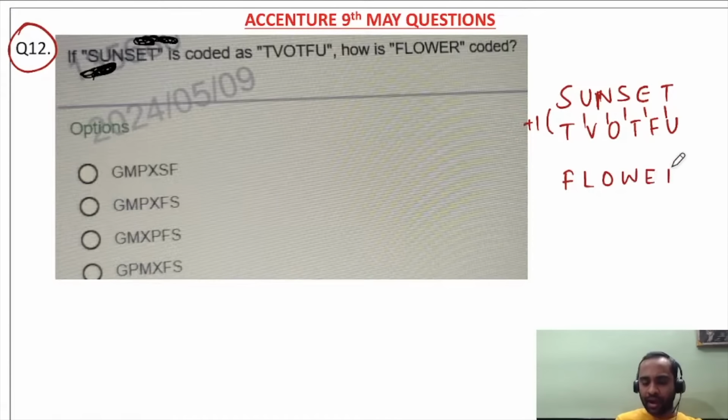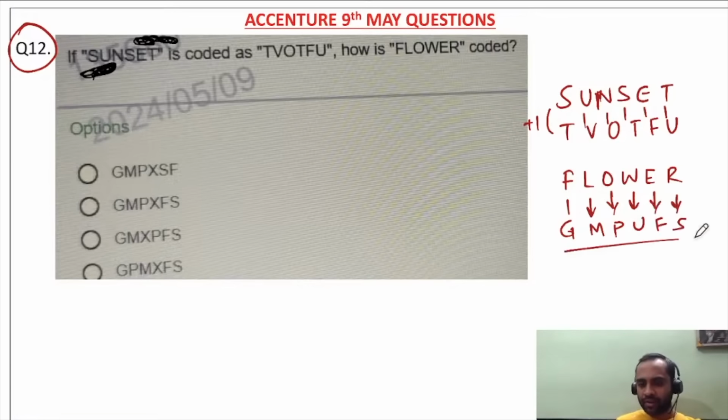Plus 1 means F becomes G, L becomes M, O becomes P, W becomes X, E becomes F, R becomes S. So G M P X F S. So option B will become the correct answer for this particular question.